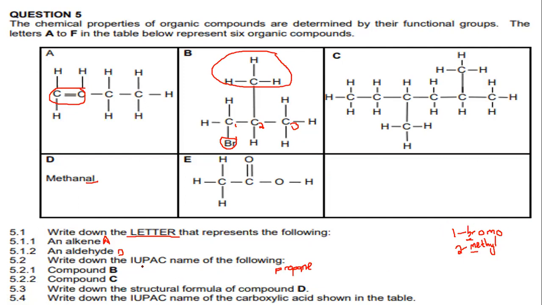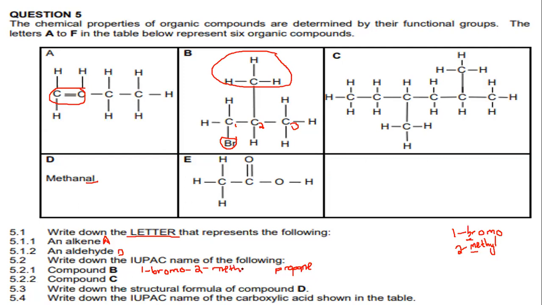So this will then be 1 bromo, right? And then I want to put a 2 methyl. So remember now there must be a hyphen between a letter and a number. So I put hyphen 2, hyphen again, I'll put my methyl.